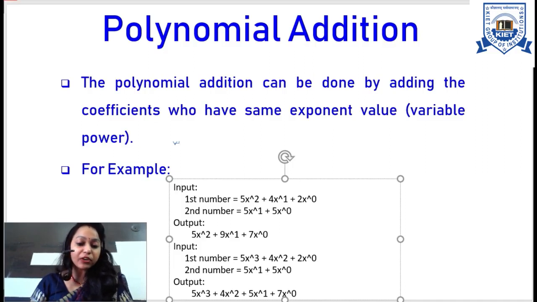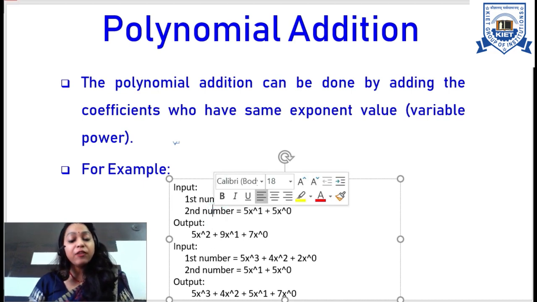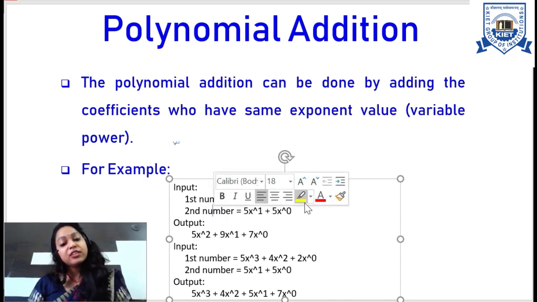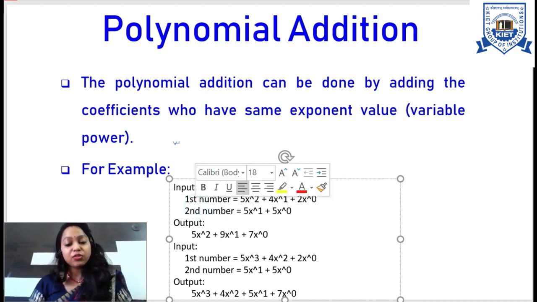The exponent part of both is the same, x and x. If the exponents are the same, then we add the coefficient parts of both the terms, 5 plus 4, that is 9, and we use the same exponent, x power 1, and we move to the next term of both the equations.